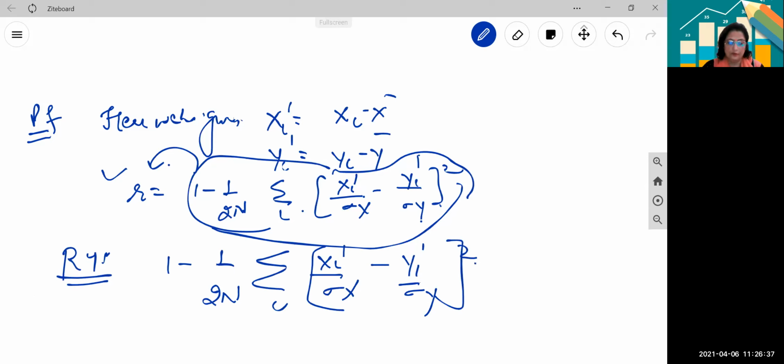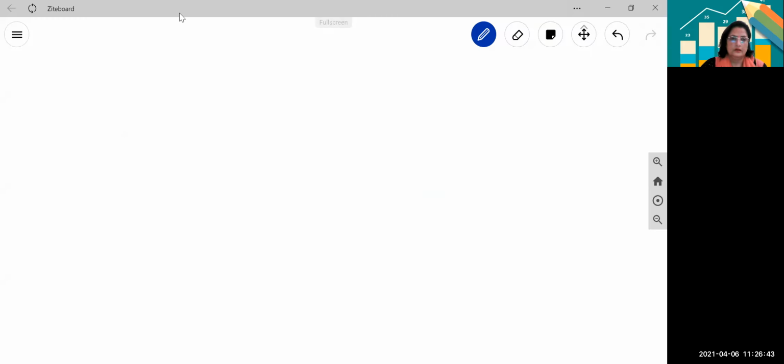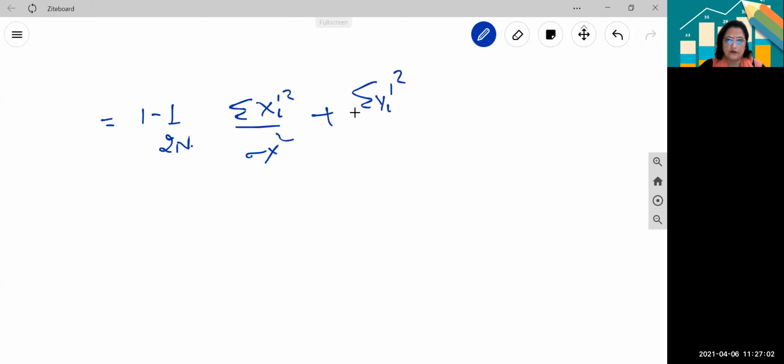So first of all, we will open the square. A minus b whole square, this is a square plus b square minus 2ab. This is equal to 1 minus 1 by 2n. So we will open it. This is summation, we will apply summation alongside. A square, okay, below is sigma x square, plus summation yi dash square upon sigma y square.